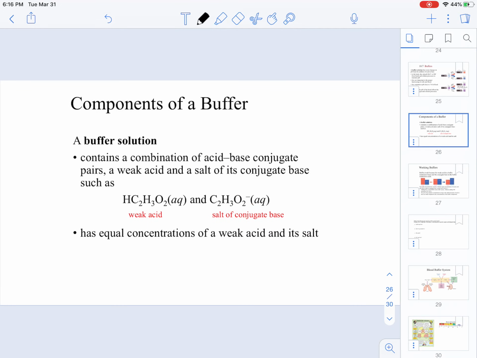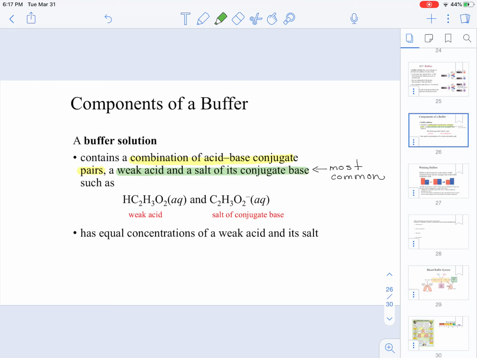When it comes to the components of a buffer, it is very important that you understand what makes something a strong acid, a weak acid, and what the conjugate base is for a particular acid. Buffer solutions contain a combination of an acid-base conjugate pair. The most common of these buffers are composed of a weak acid and the salt of its conjugate base.